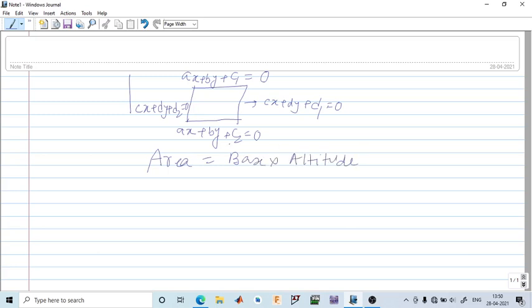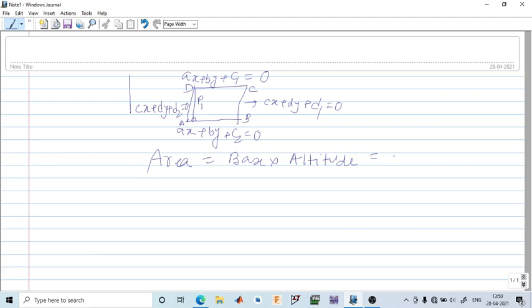Suppose taking this as a base, then the altitude will be this one. If I take the base lying on the line ax plus by plus c2 equals 0, then the perpendicular is the altitude passing from one of the vertices on the line ax plus by plus c1 equals 0.